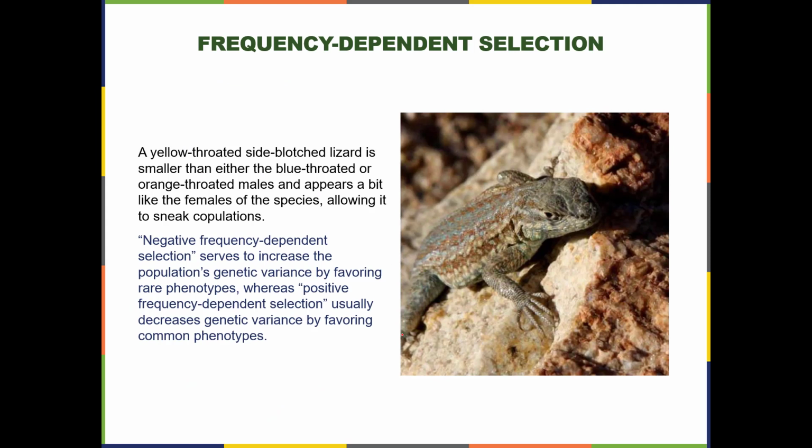There's another type. This one's called frequency-dependent selection, where it's almost like a scenario of directional selection. So remember, on directional selection, you start with one group and then it shifts to a certain way. But what happens in frequency-dependent selection is if you wait long enough, it shifts back.